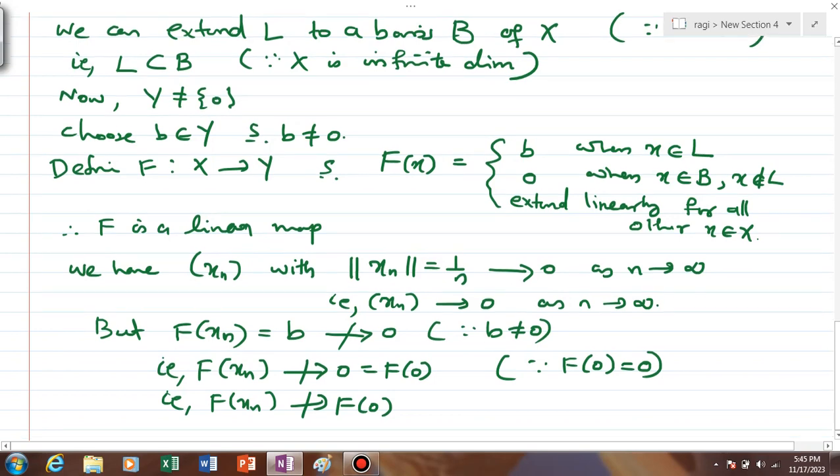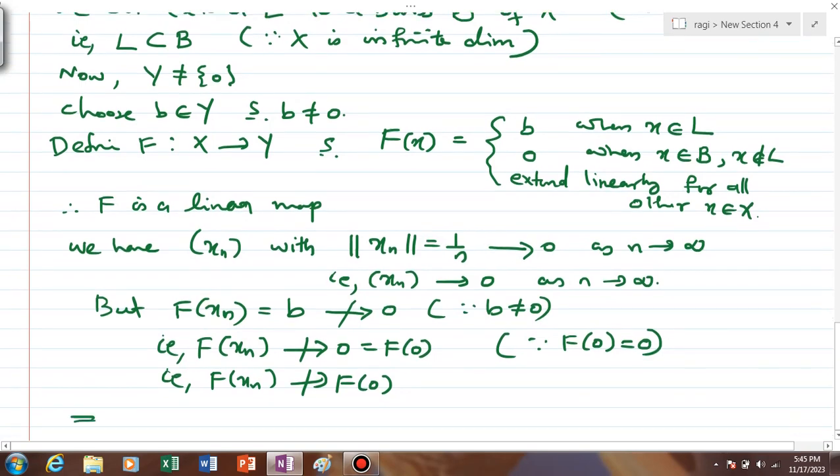This means that F is discontinuous. F is a discontinuous map from the infinite dimensional space X to Y. So there exists a discontinuous map from every infinite dimensional normed space, right? This is the proof.